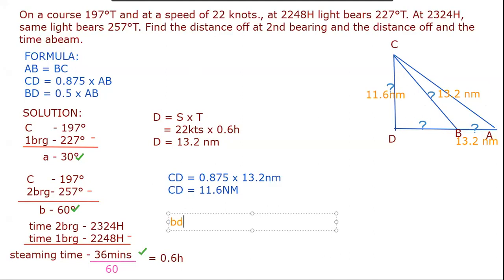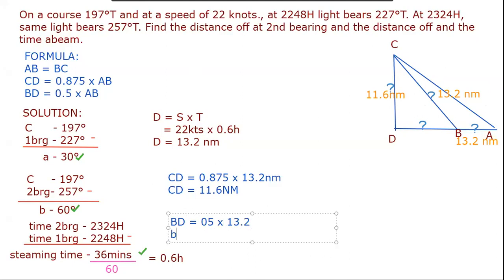BD is equals to 0.5, yung default or constant value natin para i-multiply sa 13.2, which is the AB.